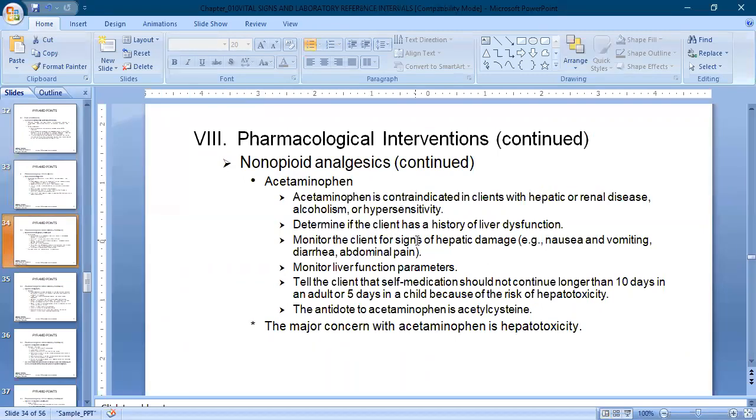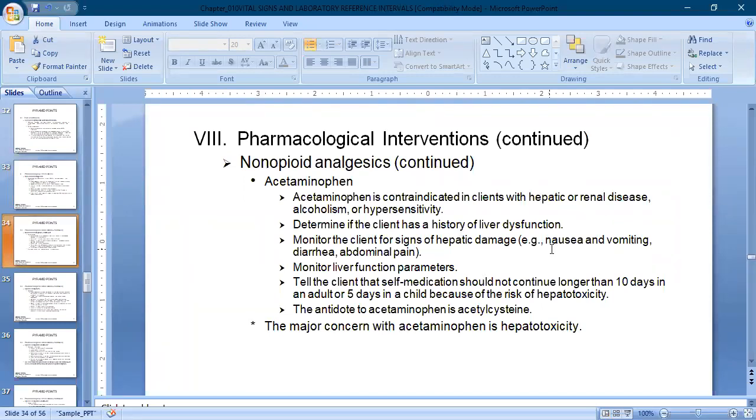Determine if the client has a history of liver dysfunction. Just check two enzymes called SGOT and SGPT. If they are hugely increased, that indicates liver dysfunction like cirrhosis. Monitor the client for signs of hepatic damage. How?